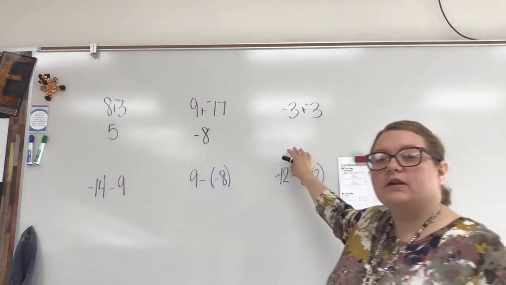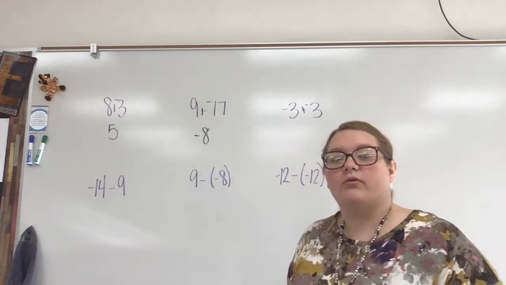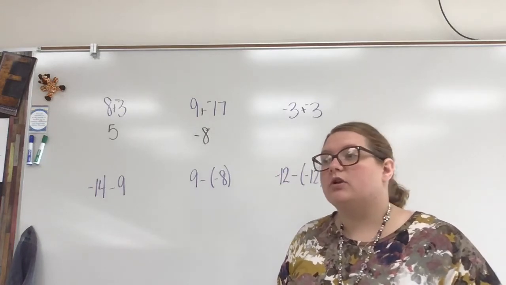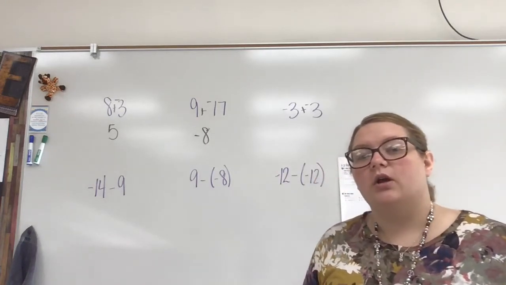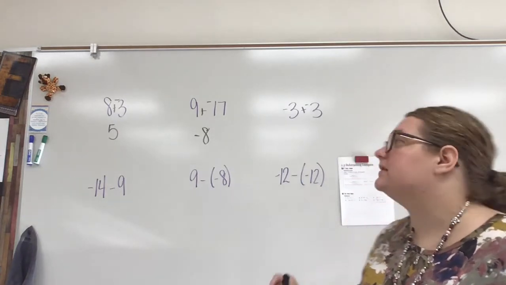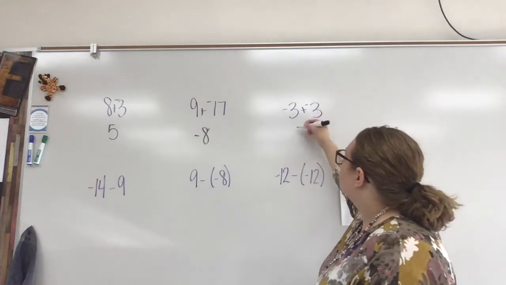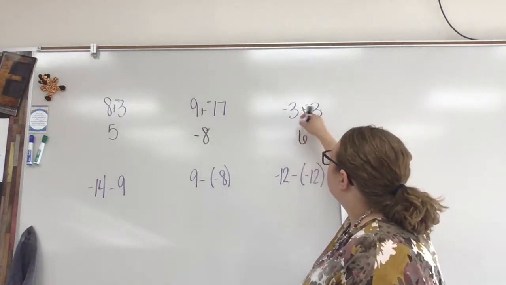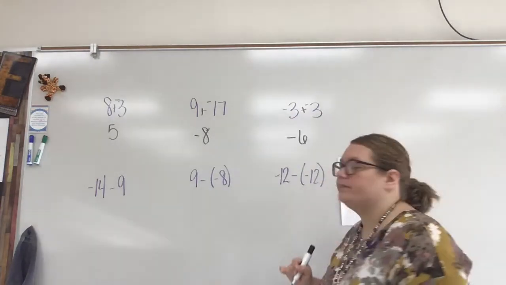Now you can see on this example that they both have the same sign. And as we talked about in lesson 1.2, when we're adding two numbers with the same sign, we add them and keep that sign. So 3 plus 3 is 6, and we're going to keep the negative sign.